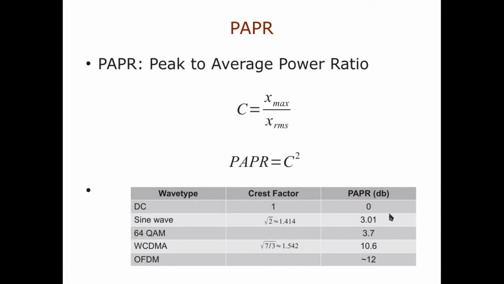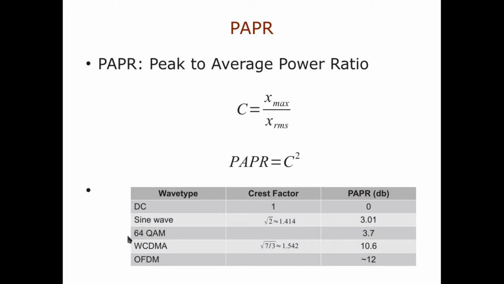So for the DC, PAPR is 0 dB. When you take a sine wave, the maximum to the RMS value takes the value of root 2, because for a sine wave of amplitude 1, the RMS value is 1 over root 2, and hence the crest factor is root 2, and PAPR is approximately 3 dB.